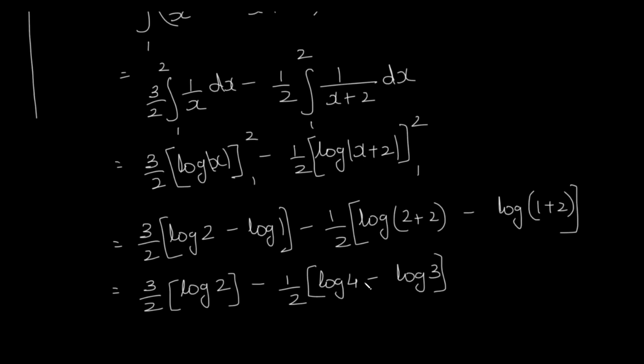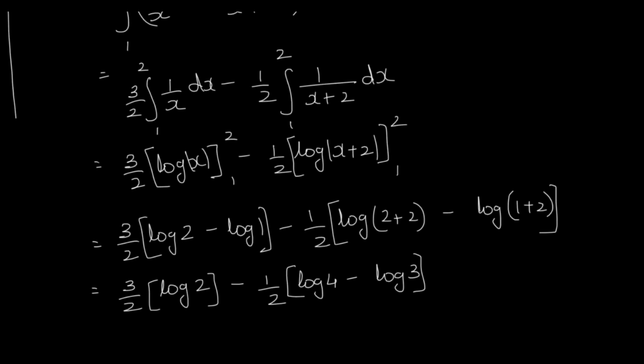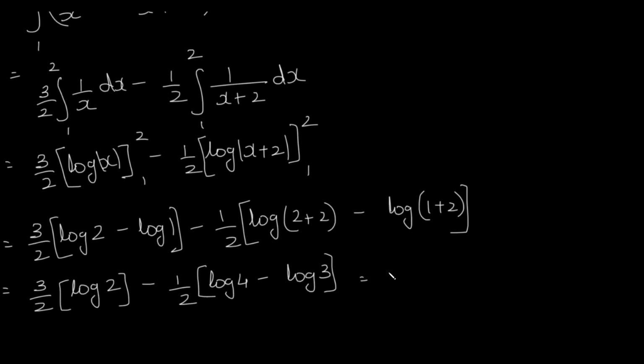The log of the first number upon the second number can be combined. So I hope you understood what I mean over here. As a result, we get 3 upon 2 log 2 minus 1 upon 2 log 4 upon 3.